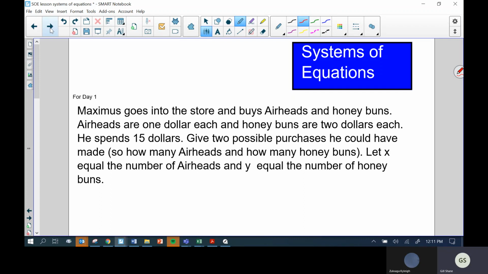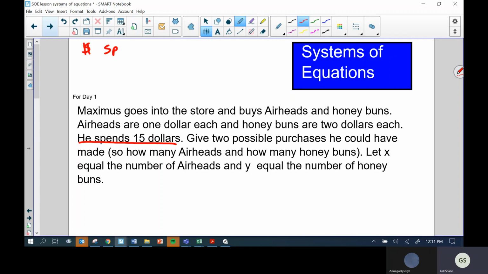All right, so anyway, on this one, we said an equation is a rule. I can create from that rule the equation. In this problem, we said the rule is he's got to spend $15. First part of that is maybe writing it in words.